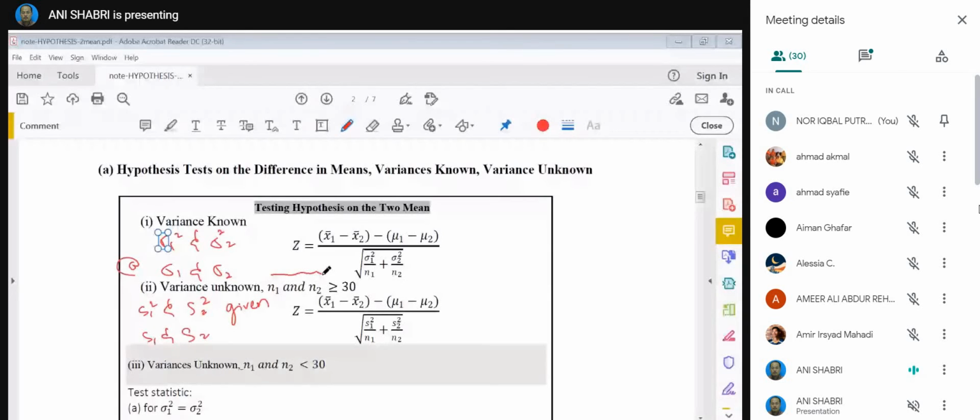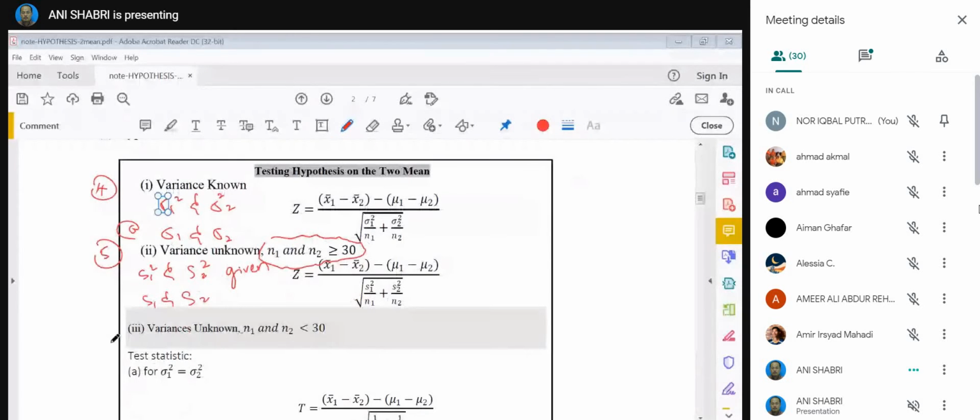Number 4 is this formula, and number 5 is when the variance is unknown, S1 and S2 are given, and n1 and n2 are less than 30.